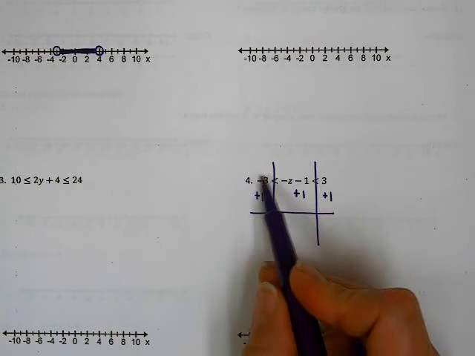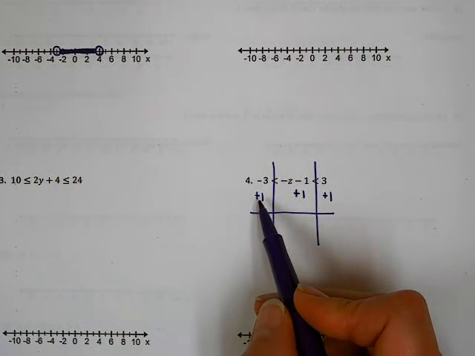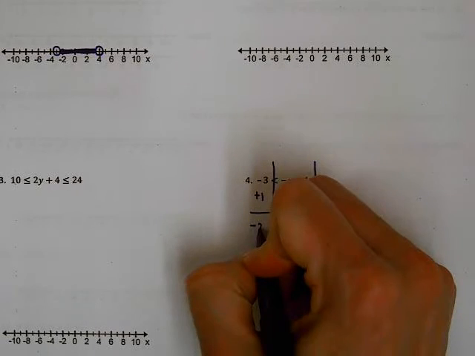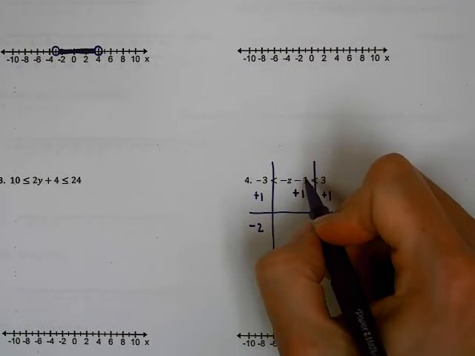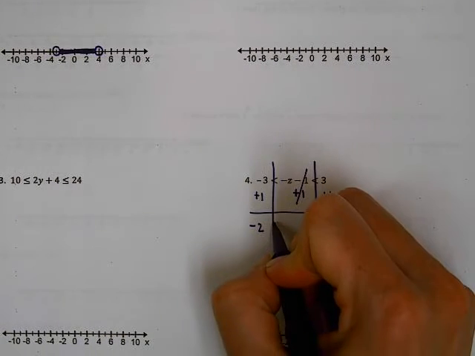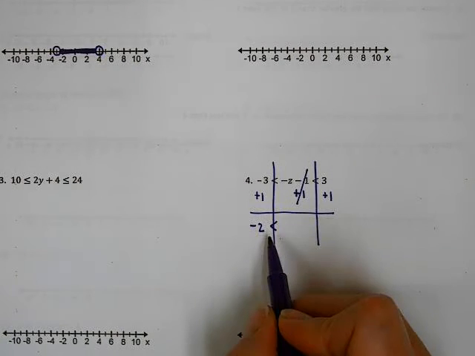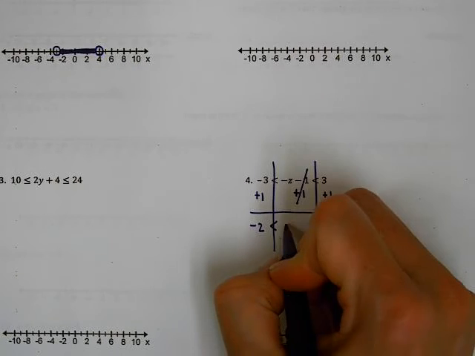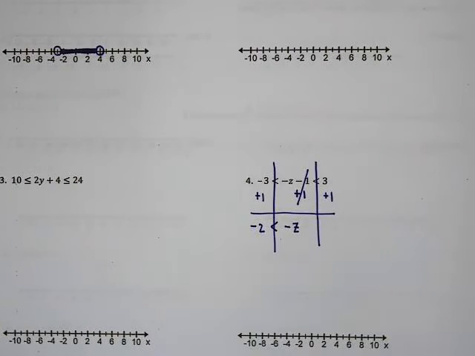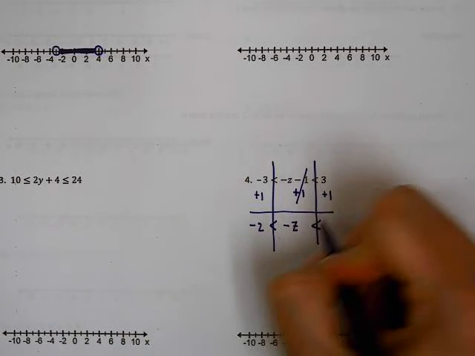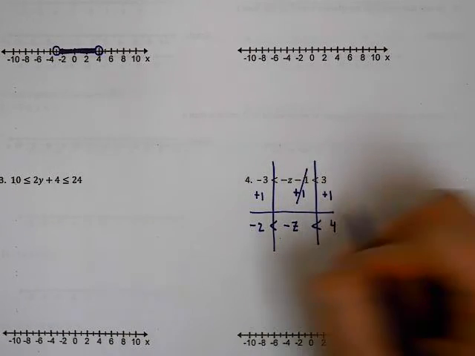So now I have negative 3 plus 1. We have to be careful with our signs, and we have a negative 2. Now these cancel, and I still have a less than, because I added. When my 1's cancel, I have a negative z in the middle, less than, and 3 plus 1 gives me 4.